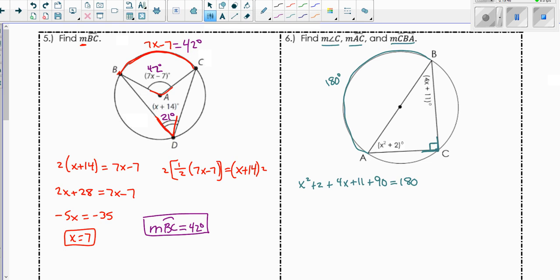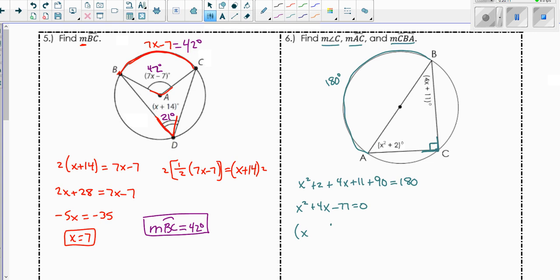So, your preference. I can see that this is quadratic, so I need to set it equal to 0. Combine like terms, I have x squared plus 4x, and then I'm going to move everything over. If I add 2 and 11 and 90, and then I subtract 180, I get minus 77 equals 0.